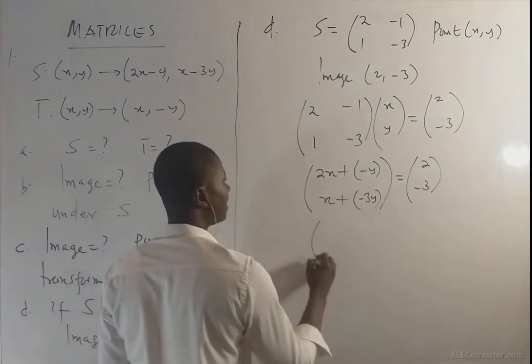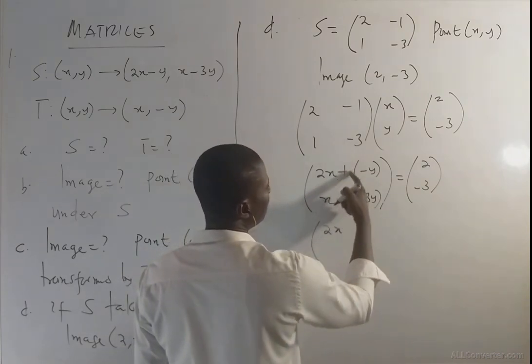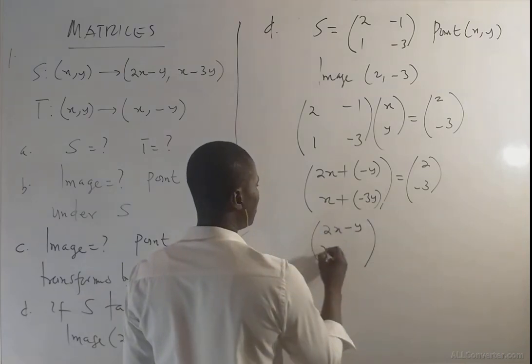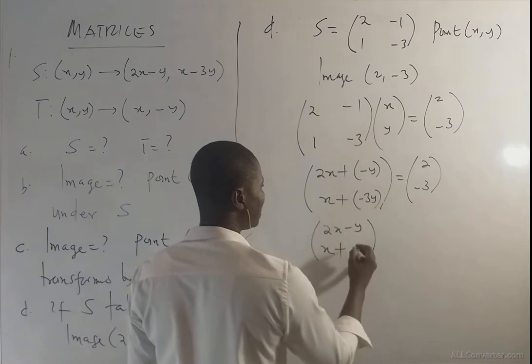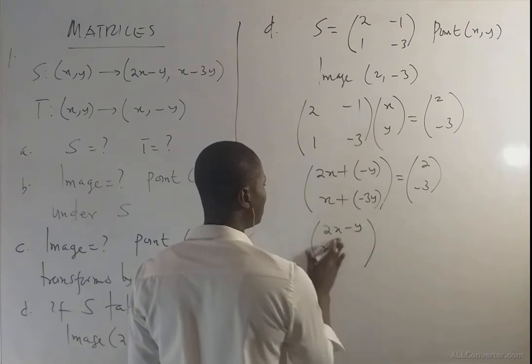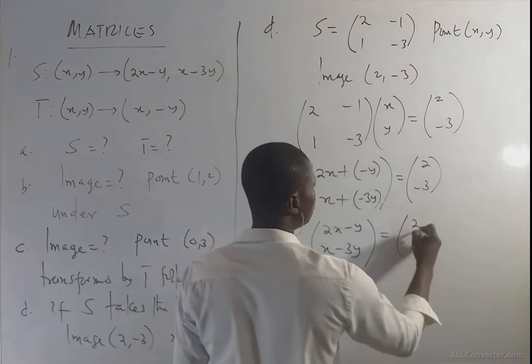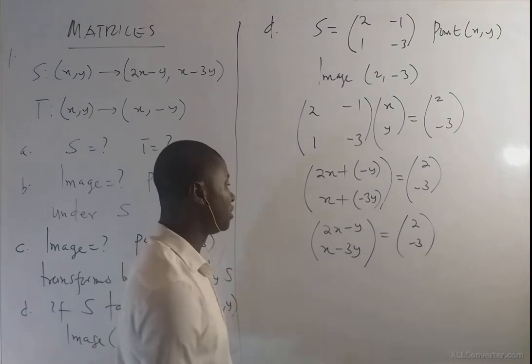Okay, so we simplify. 2x here, then plus, the coefficient here is 1, so 1 times minus y will be minus y. Then we have x plus, the coefficient here is still 1, 1 times minus 3y will be minus 3y. And this will be equal to (2, -3). So this is equality of matrices, so you equate the corresponding entries.